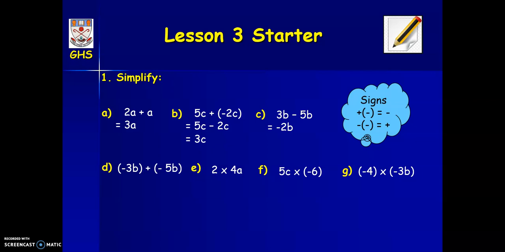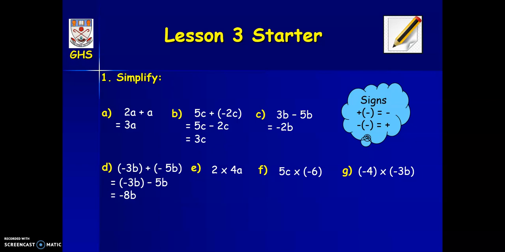If we look at D, we've got negative 3B, add negative 5B. So firstly, we'll simplify this to negative 3B, subtract 5B. So negative 3, take away another 5 is negative 8. So overall, we have negative 8B.